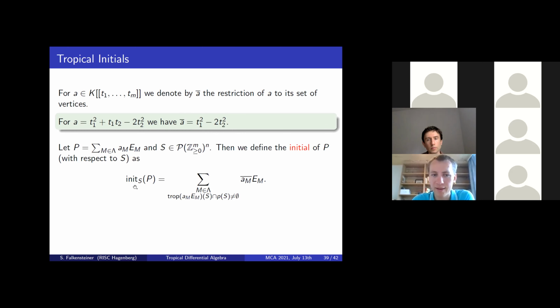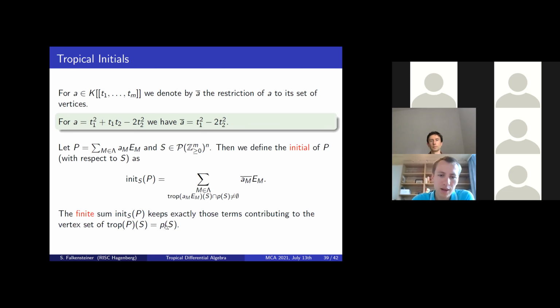If we apply the tropical version of P to a support set S, this is basically what is written here, and we take the restriction of all the coefficients. This is slightly different also to some other works, for example, from Hu and Gao. And this is a finite sum, as I already said, and it keeps exactly those terms contributing to the vertex sets.